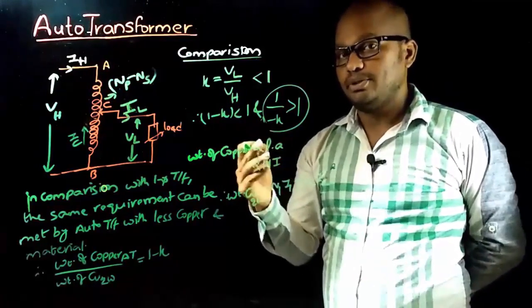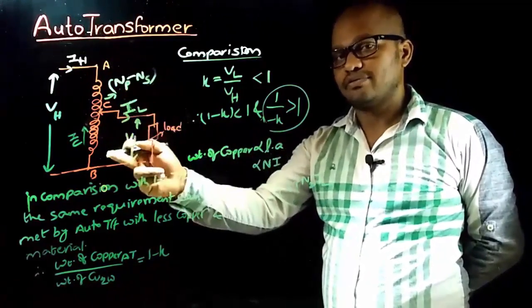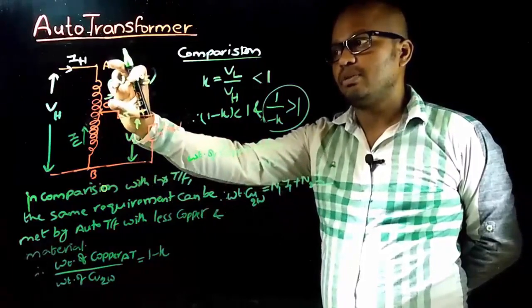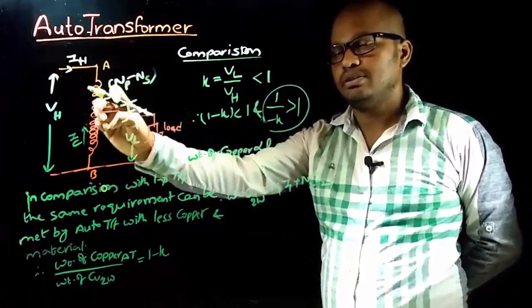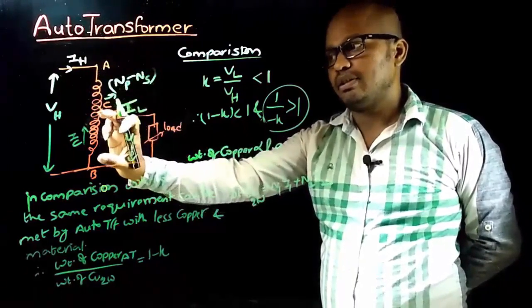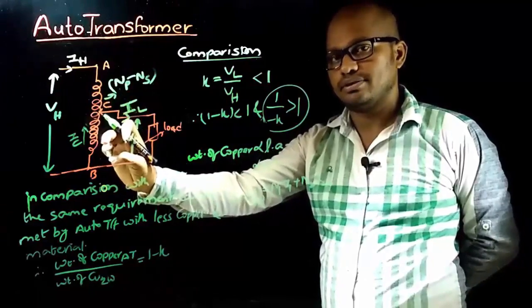And coming to the case of autotransformer, the weight of copper in autotransformer can be equated to the number of turns present between the points A and C and the current flowing through those turns, plus the number of turns present between C and B and the current flowing through those turns.